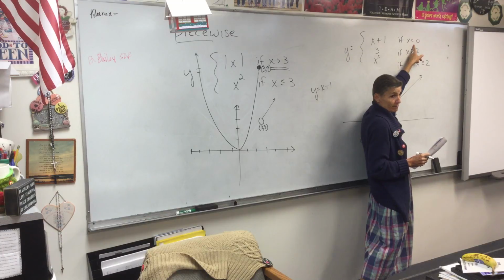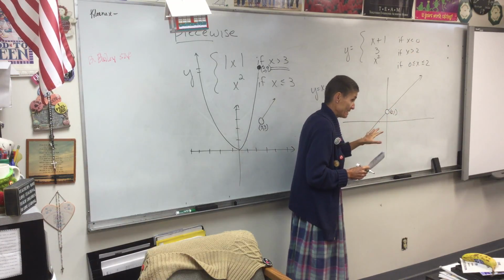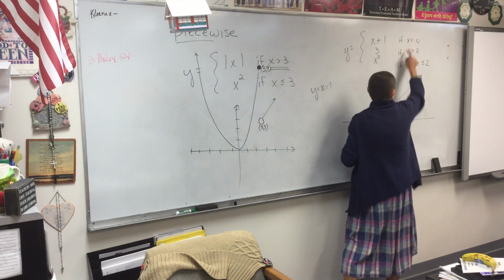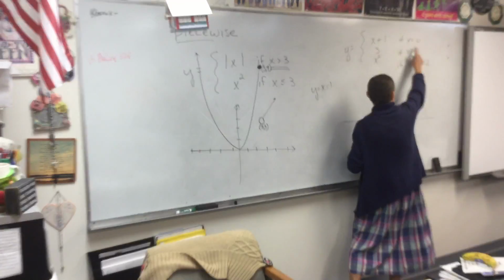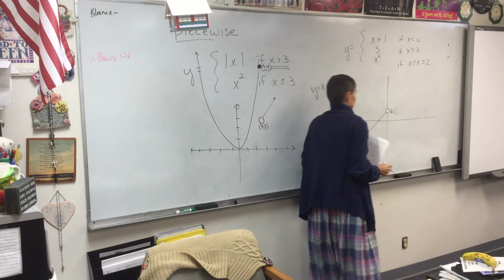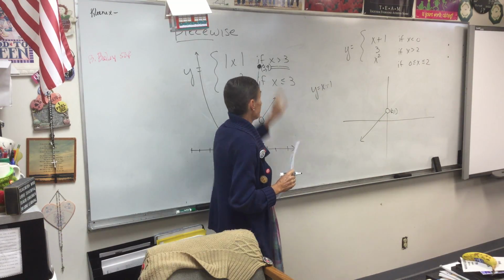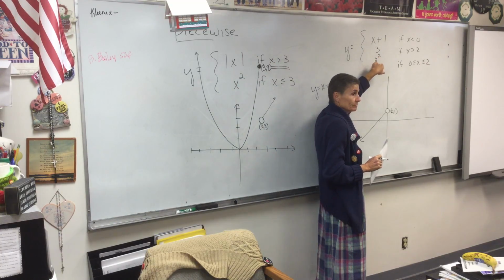Not included. Now I have to decide which piece of the line do I want. Do I want the left piece or the right piece? The left piece. So I'm going to erase the right piece. Piecewise function. I want a piece of each of these.